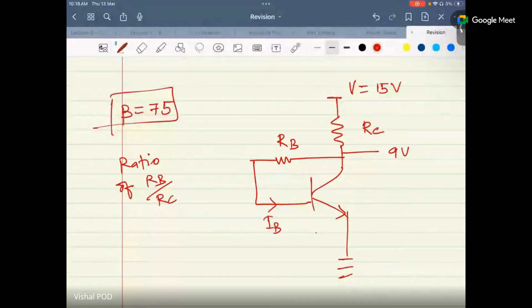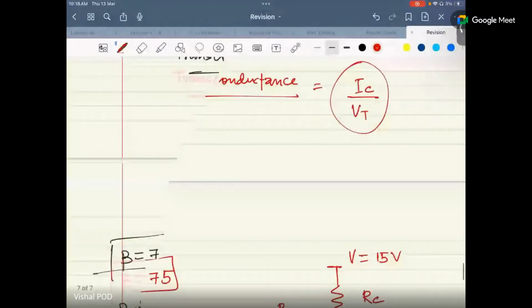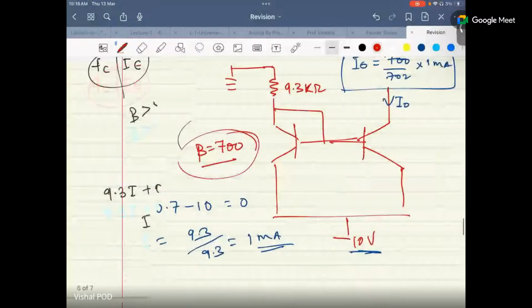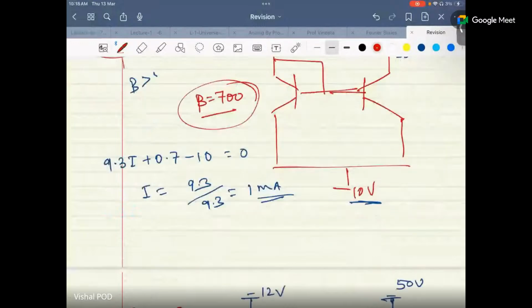Or you want to solve the same problem with the beta value? Yes, sir, same problem with beta value.